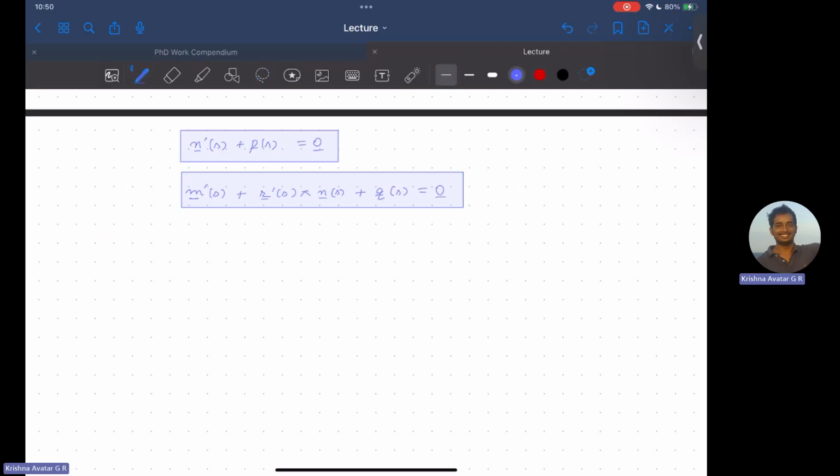Now, mind you that both these equations are in vectorial form. They're all vector equations.